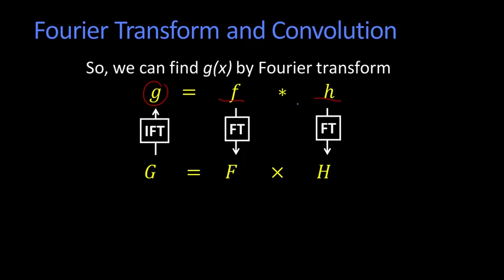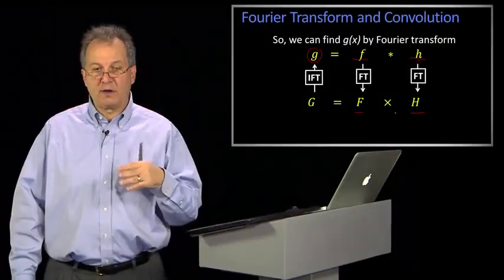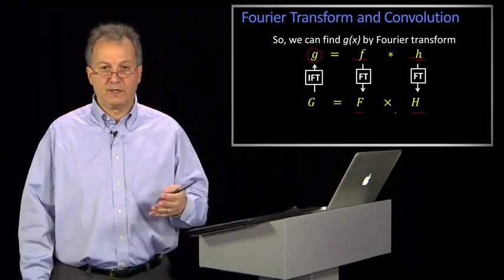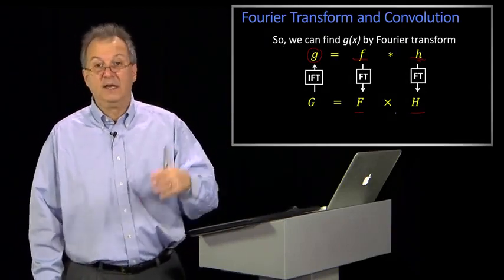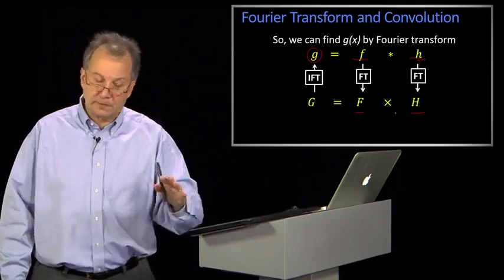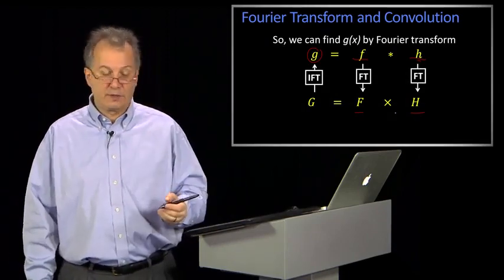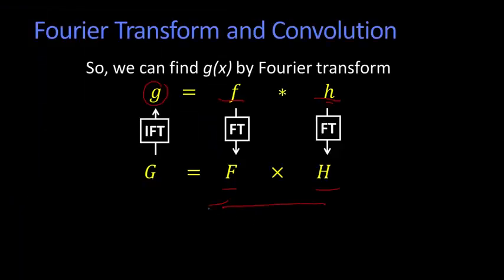Well, what we can do is take the Fourier transform of f and the Fourier transform of h. There are fast ways of doing the Fourier transform called the FFT, for fast Fourier transform, which we won't talk about. But I can do those Fourier transforms quickly. Then I can multiply those two Fourier transforms together to get the new Fourier transform.